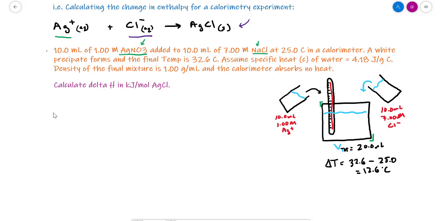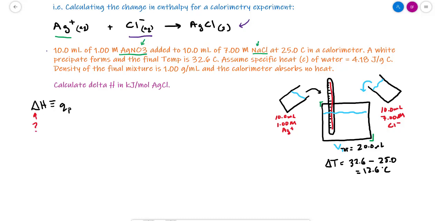So let's start by writing out the expression for heat, because that's what we're ultimately trying to compute here, right? We know that for a constant pressure system, which is everything we're going to deal with, the delta H, the enthalpy change for the system, is the same as Q under constant pressure conditions. So we're trying to compute this. This is what we want to know.